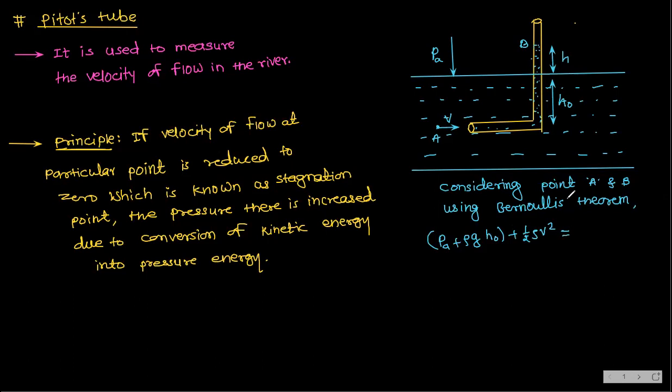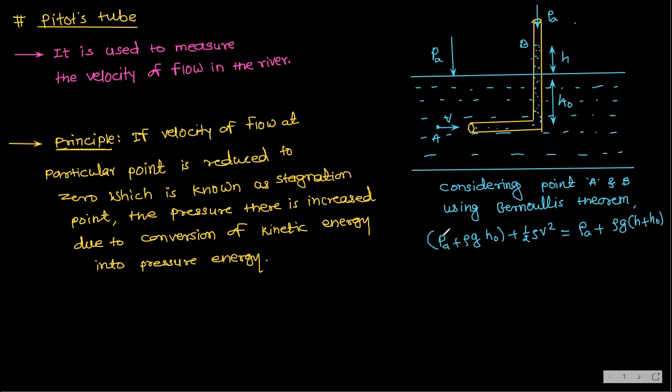This is equal to, this is atmospheric pressure only I am assuming, because here also you have atmospheric pressure only, that is PA, plus rho g (H plus H naught). That is the extra energy which is getting added, but here velocity is 0, and that is getting converted into potential energy or pressure energy, we can say, right?